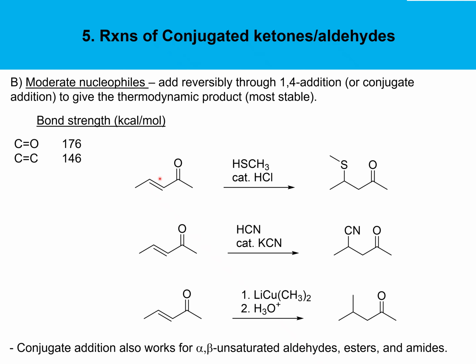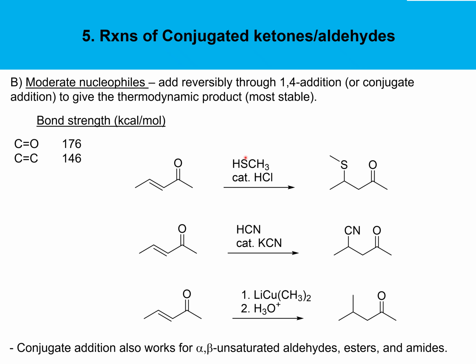So in this example, using a thiol, which would be considered a moderate nucleophile, at least in relationship to Grignards and hydrides, the sulfur will add to both the carbonyl carbon and to the beta carbon. And at the end of the reaction, the most stable product, what we call the thermodynamic product, will be the product that we get from the reaction. That is true for any reversible reaction.